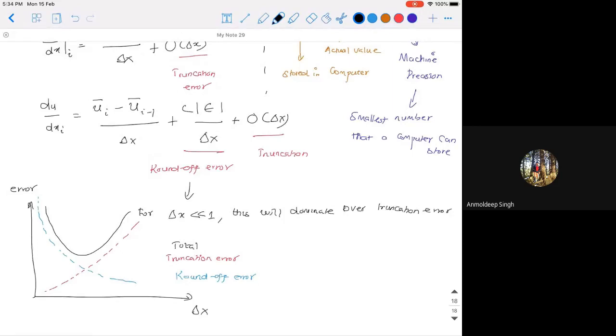Why is this effect more pronounced for the second derivative?